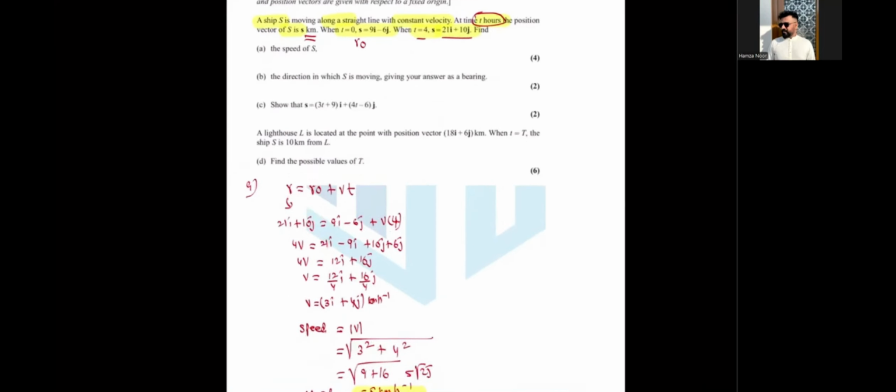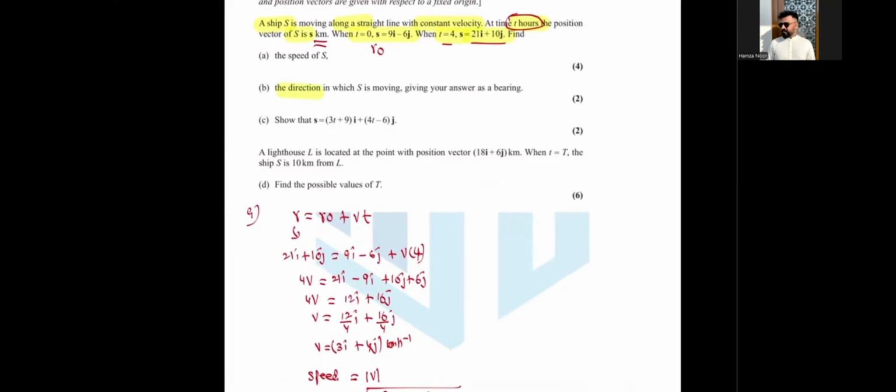All right, now let's move on to part B. It says that we need to find the direction in which the ship is moving and give our answer as a bearing.